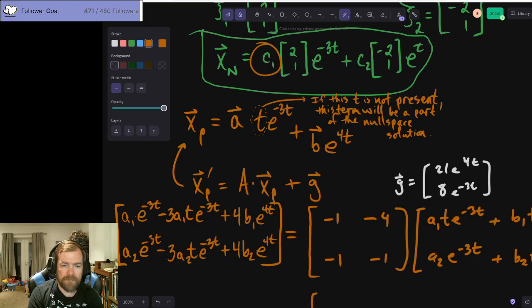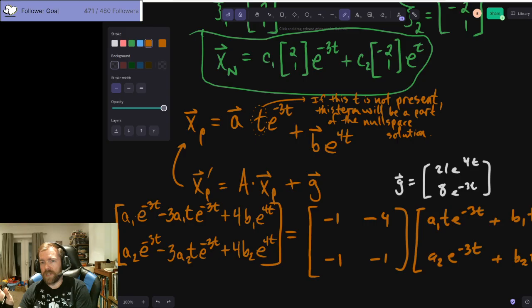I'm with you. So if our null space solution ended up being like negative e to the negative 5t and e to the t as our fundamental set, and then our particular solution had t squared e to the negative 3t, we would start with t squared and then work down to t and then work down to constant, because if we take the derivative of this thing, it can have any of those individual terms.